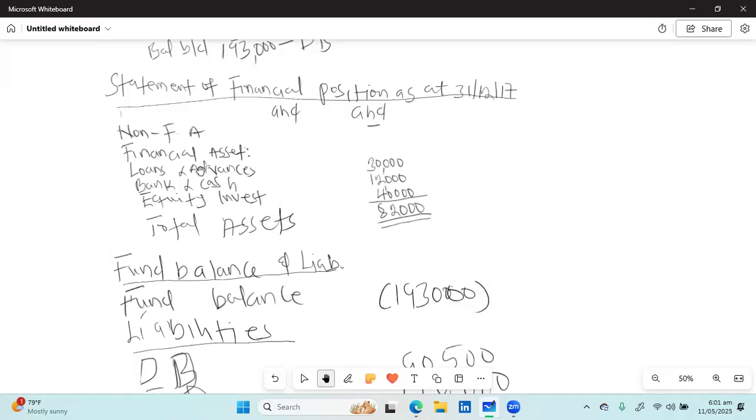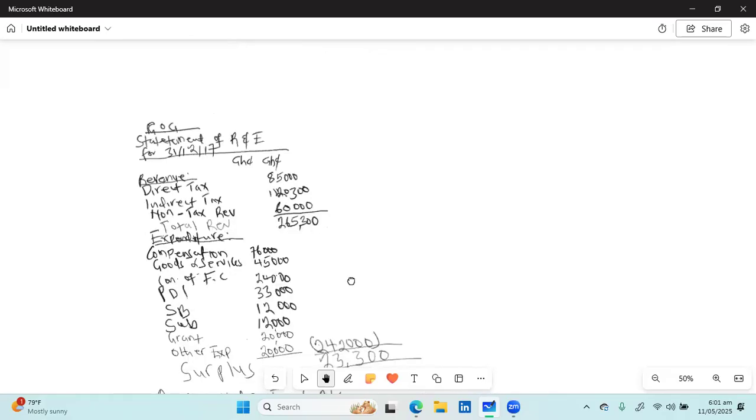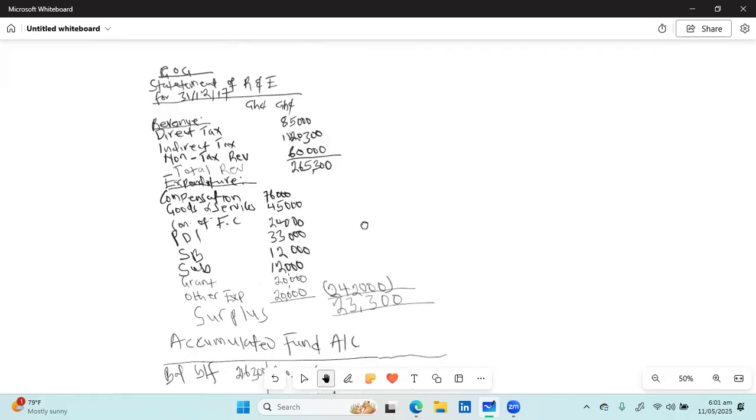In essence, they can even ask you for the theory aspect, to define financial asset and then give three examples. So financial assets: loans and advances, bank and cash, equity investment. Yes, these are all financial assets. Okay, so that is that for everything we've been doing.